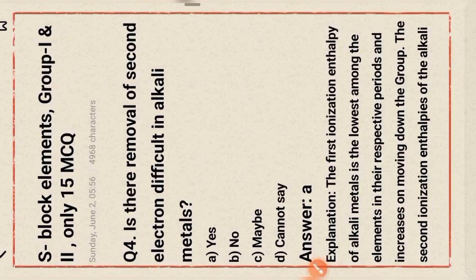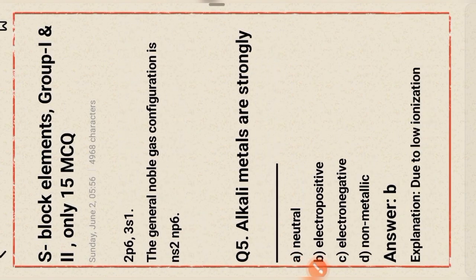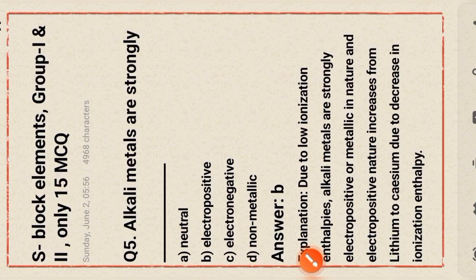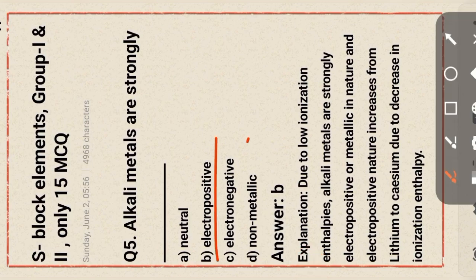Now the next question, question number 5: alkali metals are strongly electropositive. Due to the electronic configuration of alkali metals, ns1, the single outer shell electron is very easily removed, that is why they are electropositive.